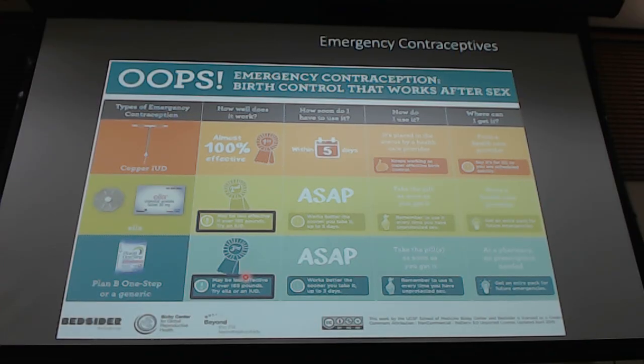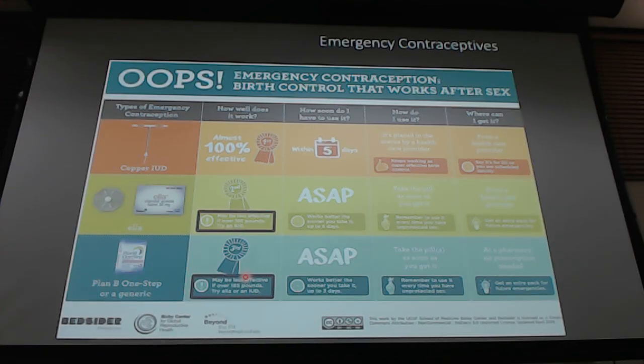No. You can say, hey, I'm going to go ahead and prescribe you Ella, or would you like to have a copper IUD, which has no weight limit, it works, it's very effective, right? So that's the difference between all 3 of these. Depends on weight, depends on the time that you have available. You also have a little bit more time to take the pill with Ella versus when you have your Plan B.